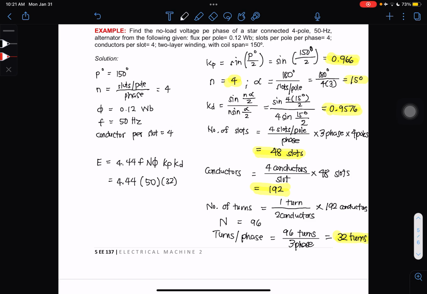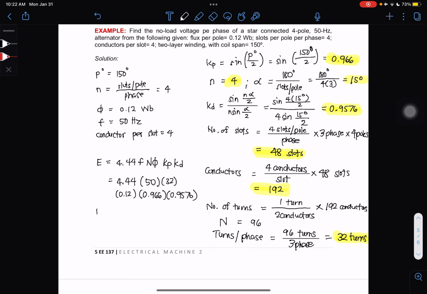Multiply by the flux, which is 0.12 Weber, and our pitch factor that we solved, 0.966, and our distribution factor, 0.9576.